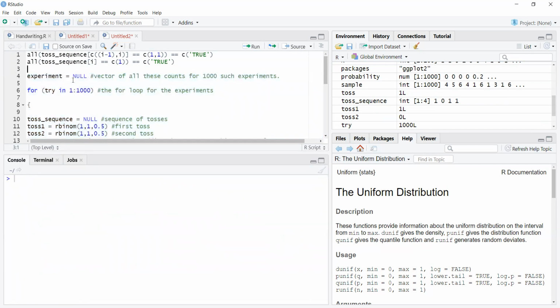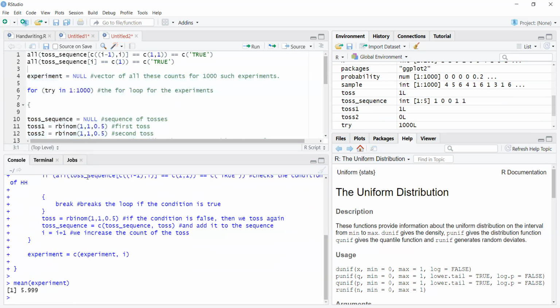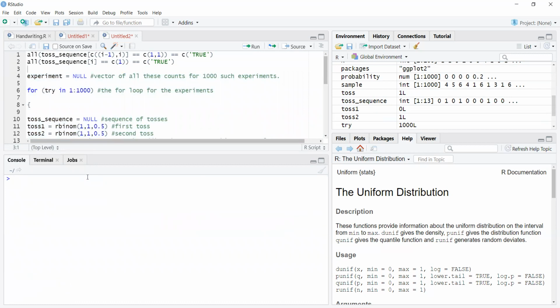If we do this again and again, we can get a graph whose mean will be around 6. We can plot a histogram of this because it's a random variable after all. The mean will be around 6, and the variance will be really small. Again, 5.99, again 6.0, it will be varying. So we are getting around 6 and it matches.